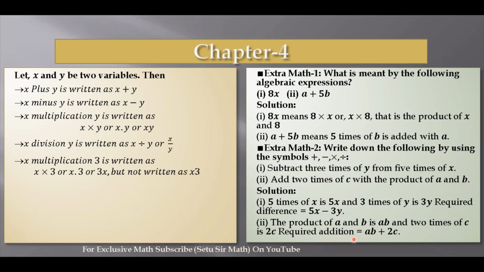So required addition is ab plus 2c, because the question says add 2 times of c with the product of a and b. That means the product of a and b is ab and 2 times of c is 2c. Required addition is ab plus 2c.